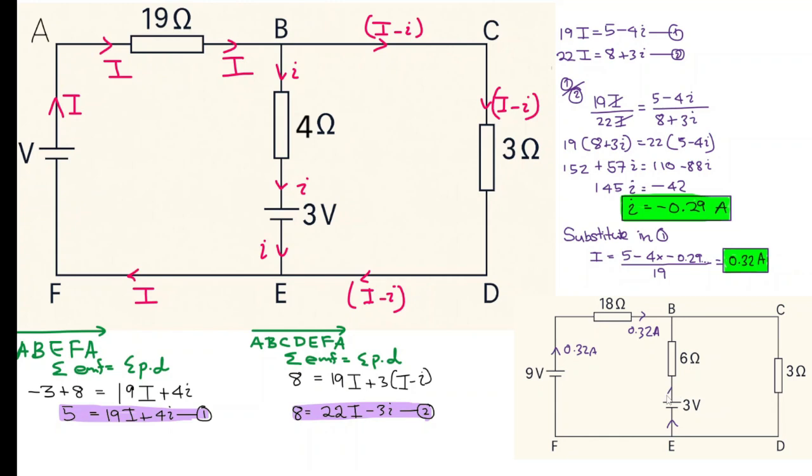So the current this way is 0.29. Now, 0.32 add 0.29 is the current in the branch BC. So a current of 0.61 amps go from B to C, down this one, this way, and 0.61 amps. Now from that, 0.29 amps go that way, take them away, and you can clearly see 0.32 amps go that way. So the whole circuit works in terms of Kirchhoff's first law as well as the second law.